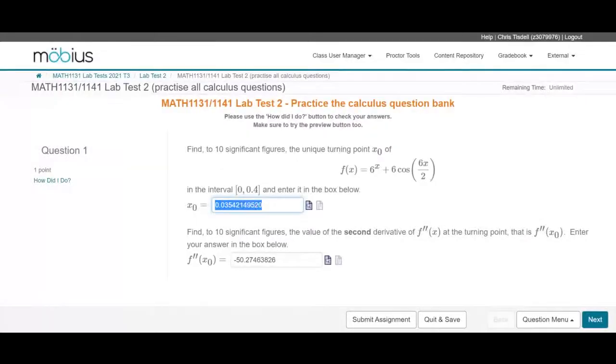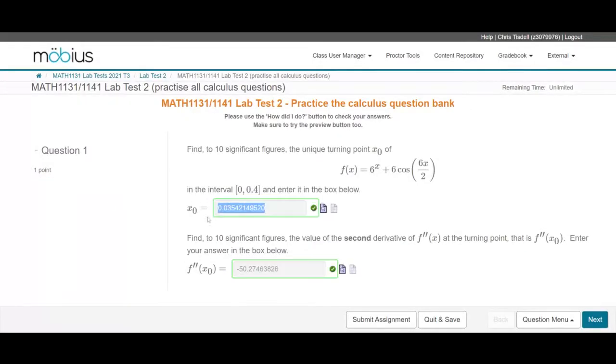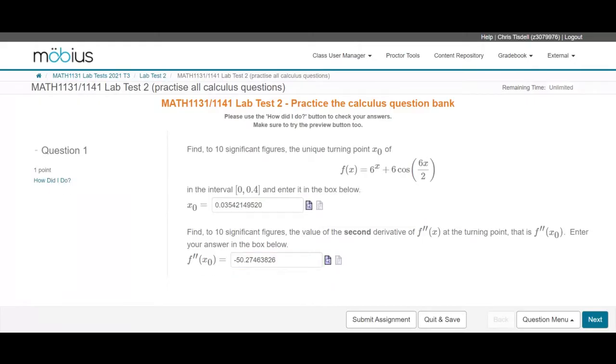And if we go back to our question now, I've basically just copied and pasted my C point in there. So how did I do? Yay, okay. Now, in the real exam, you won't get 'how did I do,' unfortunately. All right, so that's the first part of this question.